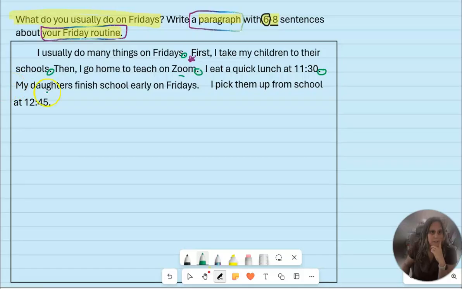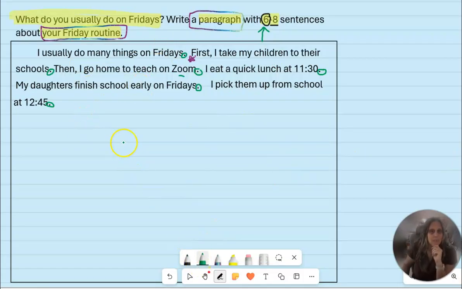My daughters finish school early on Fridays, period. And I pick them up from school at 12:45, period. 1, 2, 3, 4, 5, 6. Ooh, we have 6 sentences already. We met the minimum. So 1 or 2 more sentences to finish.